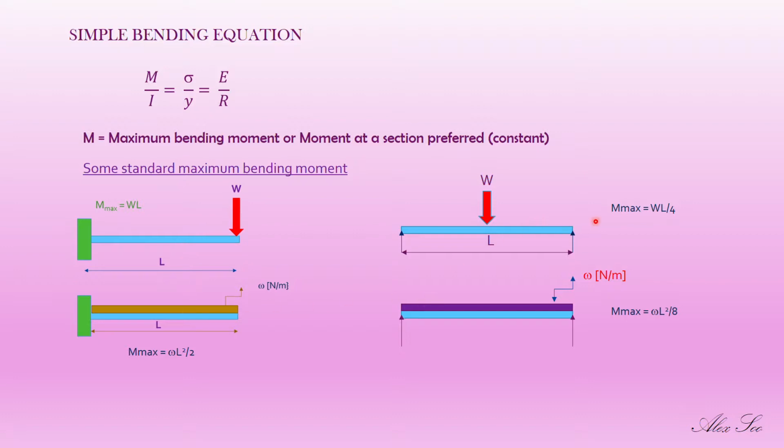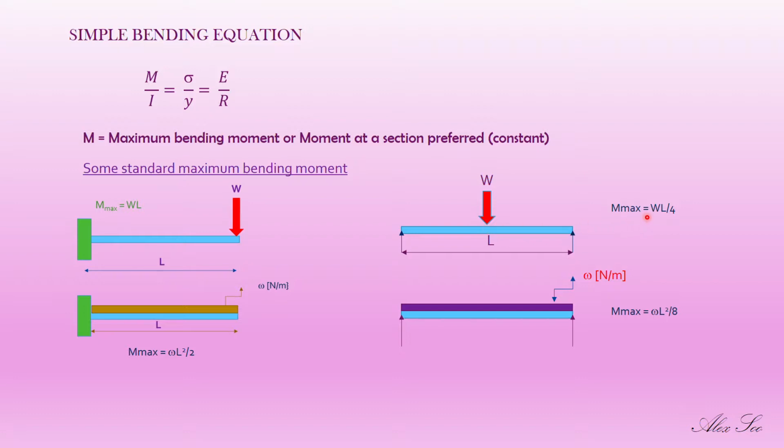For this diagram, the maximum bending moment appears at the center of the beam, because it is symmetrical through the center. If you draw an axis on this, you can see the mirror image on the other side. We call this symmetrical loading, and the maximum bending appears at this point, shown with my laser pointer.